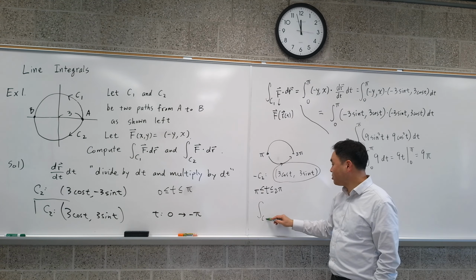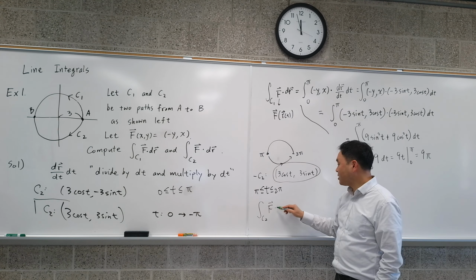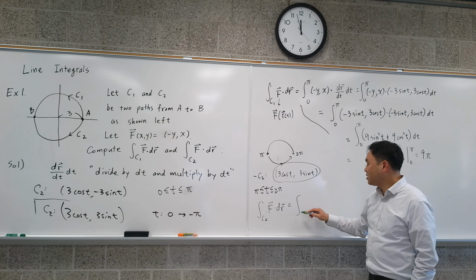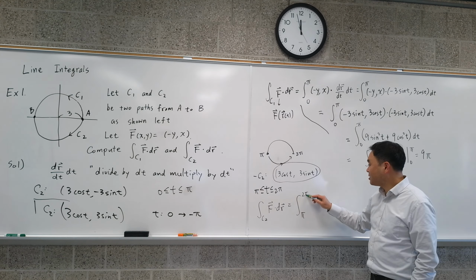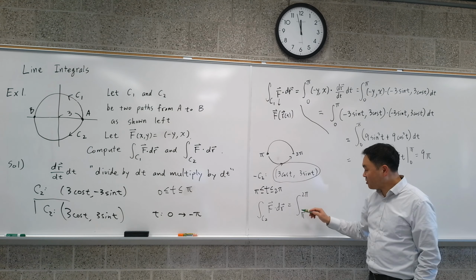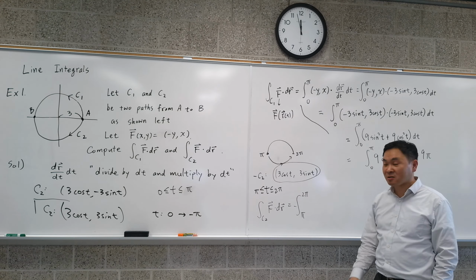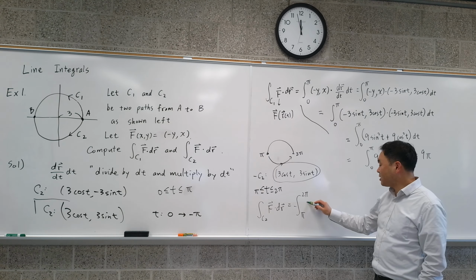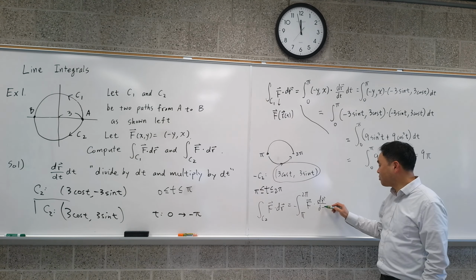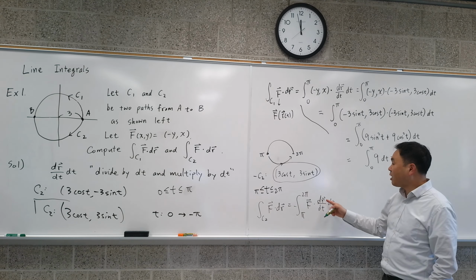So the integral over C2 of f dot dr is going to be from pi to 2 pi, but because we're using the negative of the parametrization, you just need to put a minus there, with f dot dr over dt, where r is this one.